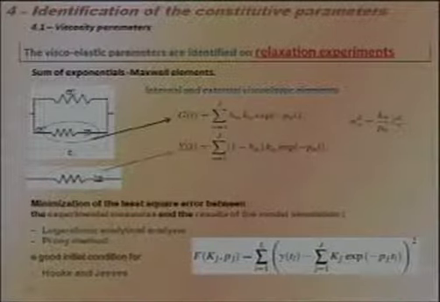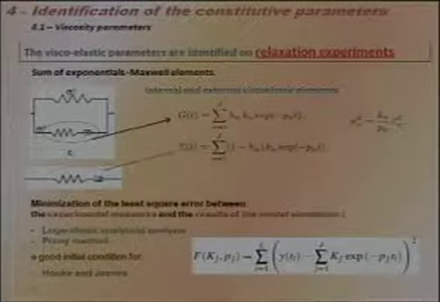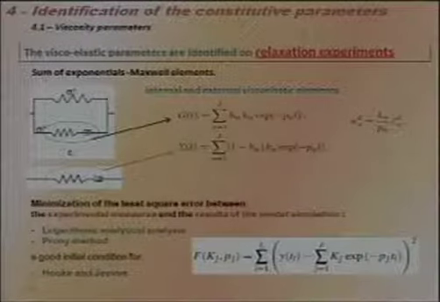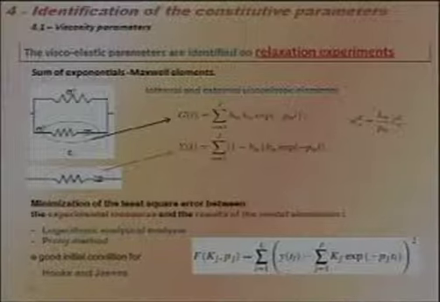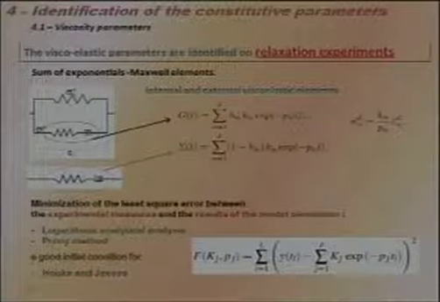We use the Hooke-Jeeves method, and this is not just a detail, it's important when you do identification work. We have to choose a good starting point for this kind of iterative method. This is based here either on a logarithmic analytical analysis or Prony's method.